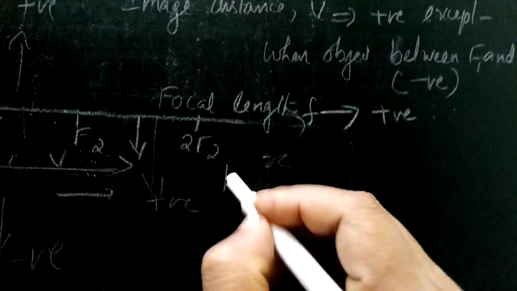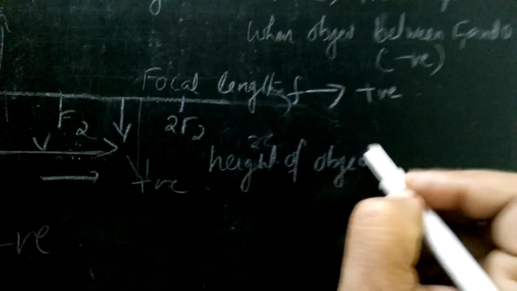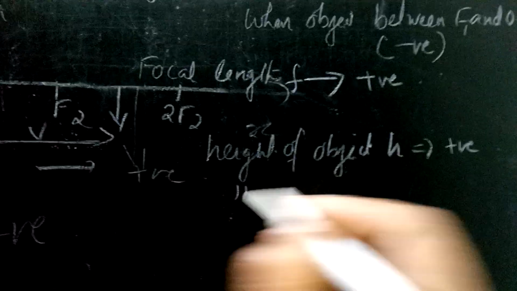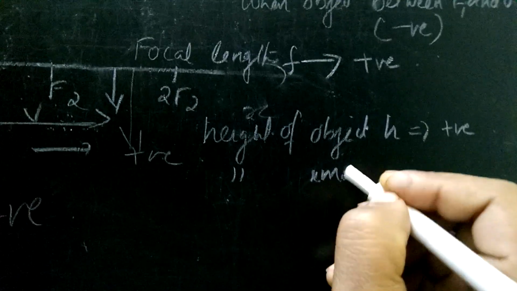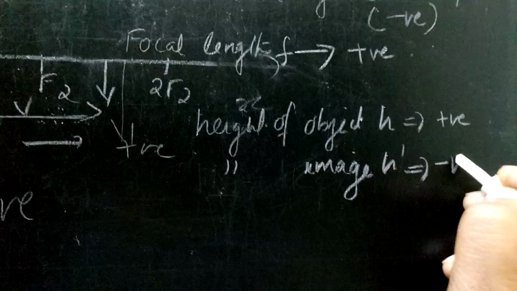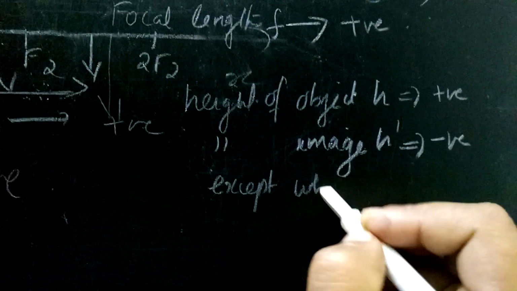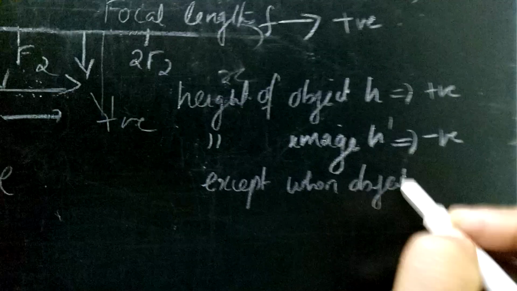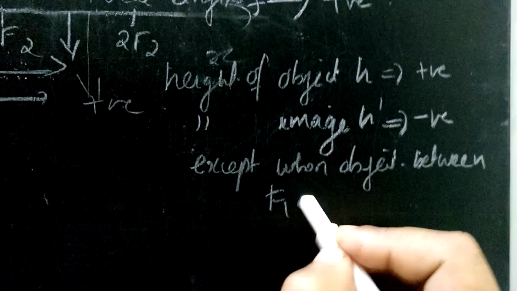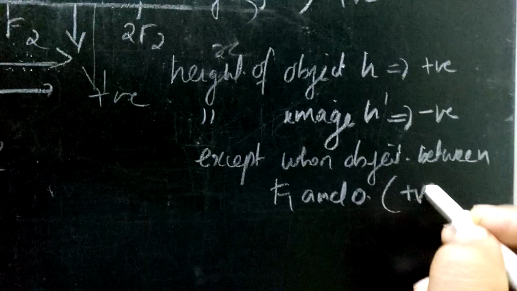Then the height of the object h is positive, that is always positive. Height of image h dash is negative, except when the object is between F1 and O. In that case it is positive.